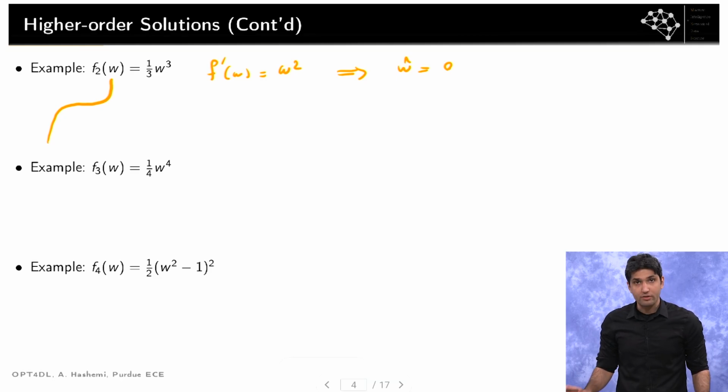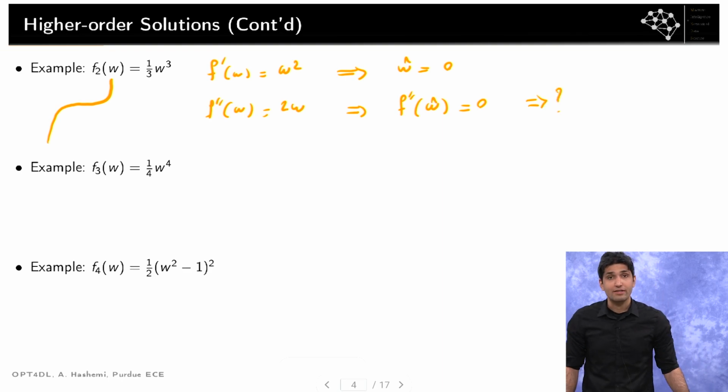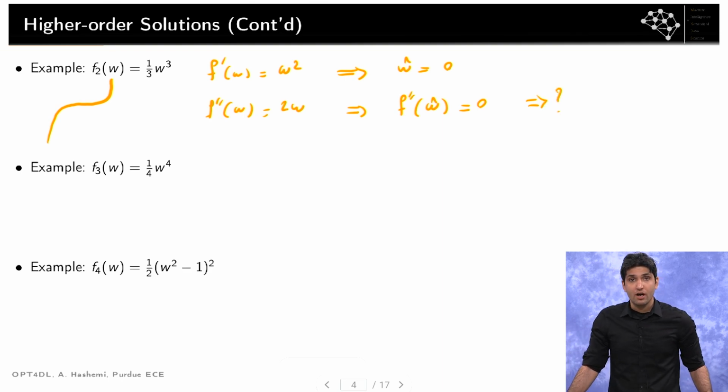Now, is it a good solution? Is it a bad solution? Well, we have to look at the second order derivative. The second order derivative will be 2 times w. And again, here, the second order derivative at w hat is also equal to 0. So by just looking at the second order derivative, I cannot determine whether this point is a local minimum or a local maximum.